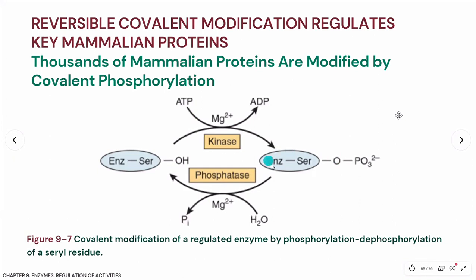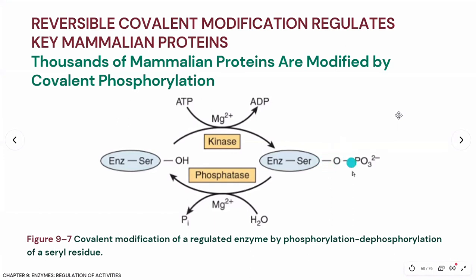So this enzyme is now phosphorylated. Now we do not know whether this becomes active or inactive. It all depends on the enzyme, just like what I said about glycogen synthase and glycogen phosphorylase.